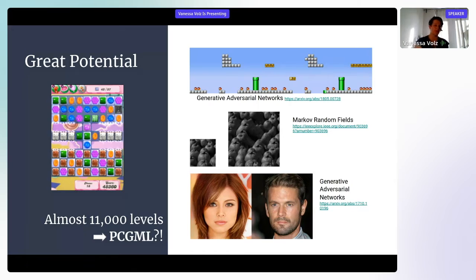For example, in Candy Crush Saga, and we actually worked with King at some point, they have a lot of levels that you could use as training examples. And why not use machine learning based procedural content generation, or PCGML, to generate levels like that? So it seems like there's a lot of potential.